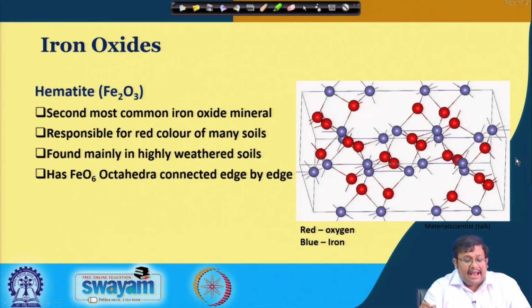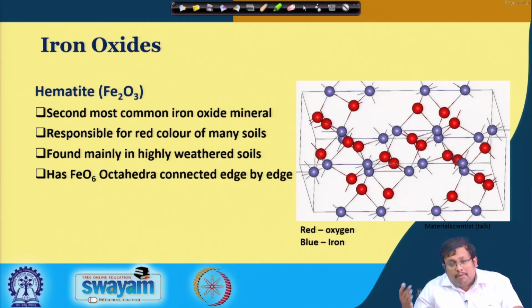So, another important iron oxide which is present in the soil is hematite. Hematite has the formula Fe2O3, and it is the second most prevalent iron oxide mineral in the earth crust after goethite. It is also responsible for the red color of many soils.